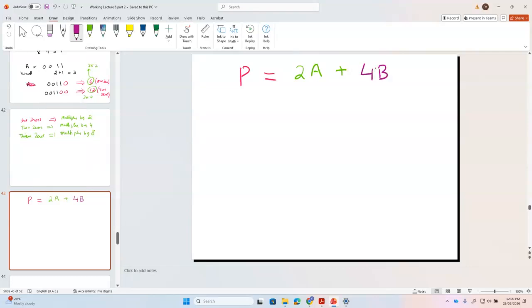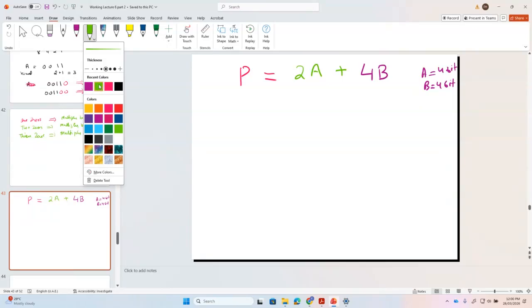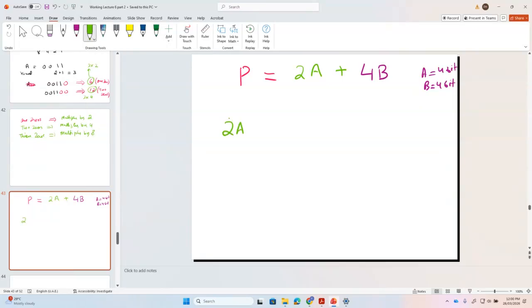Got it? Assume A and B are 4 bits: A is 4 bits and B is also 4 bits. Now we want to compute 2A. What will be 2A?